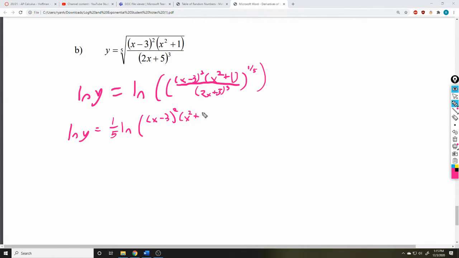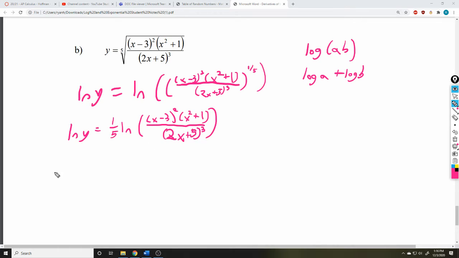But we're actually going to end up being able to make this even simpler, because we've got a property of logarithms that, since we have a whole bunch of multiplication and division here, you should remember that the log of a times b is the same as the log of a plus the log of b. That's another property of logarithms.